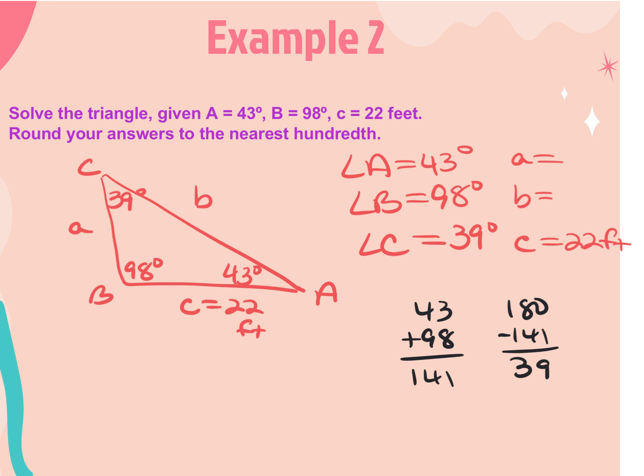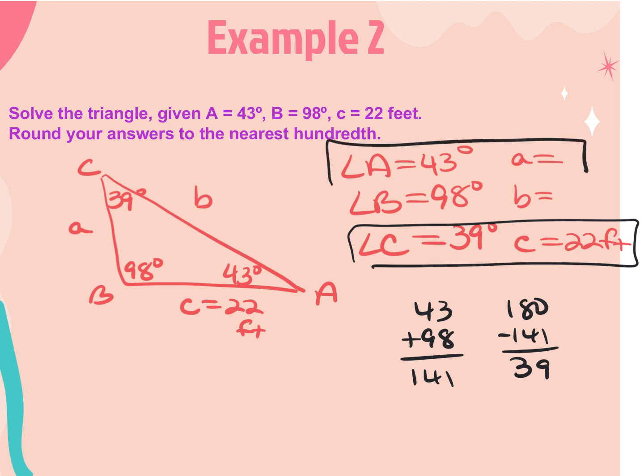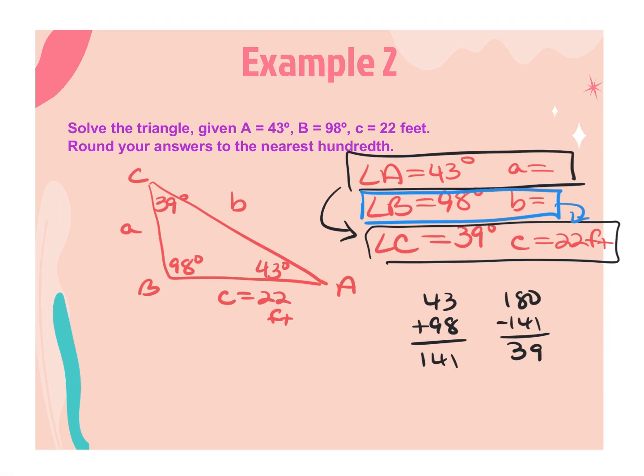Now I need to work on finding the missing two sides. And again, I'm going to use C's information for both of my proportions because that was my given. Always try to use the given. So in order to find A, I'm going to use this along with C. And then when I go to find B, I'm going to use it with C as well.